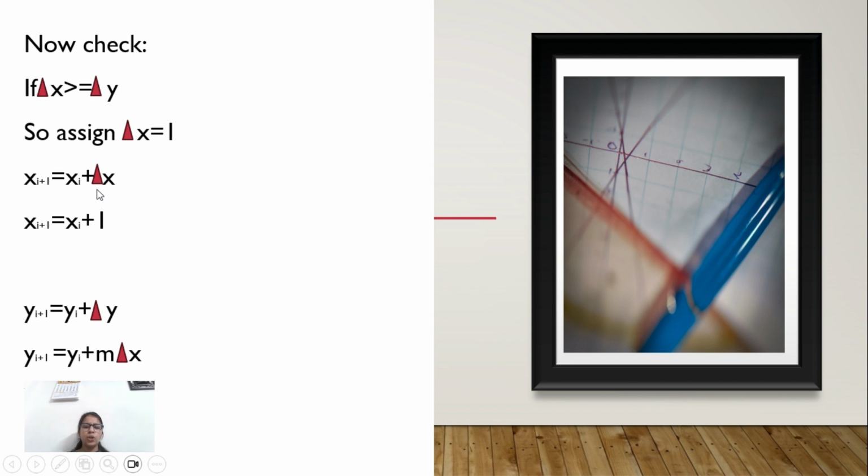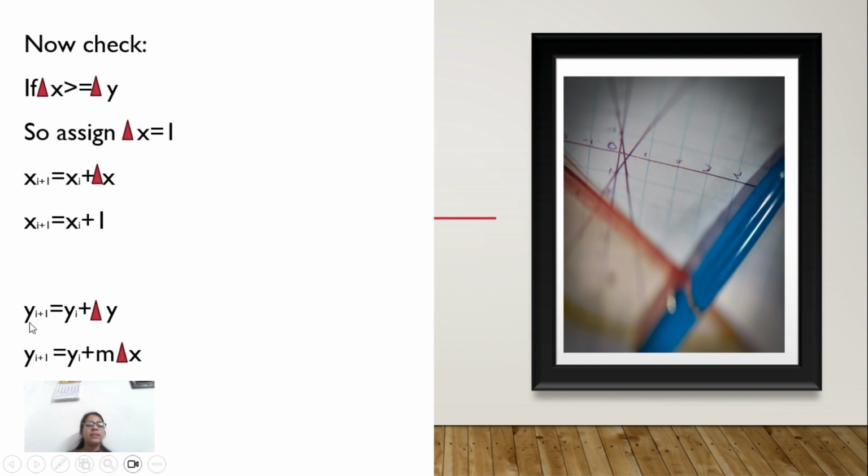You must be getting confused. What is this xi+1? Xi+1 is the next coordinate on which the line would be landing, and xi is the initial point from which the line would be going to that point. So it would be xi+1 because the value of del x is being assigned as 1.